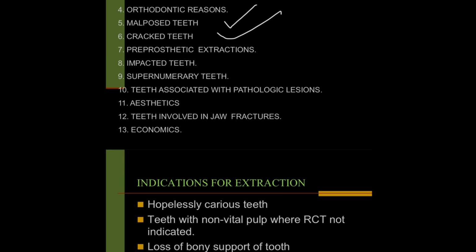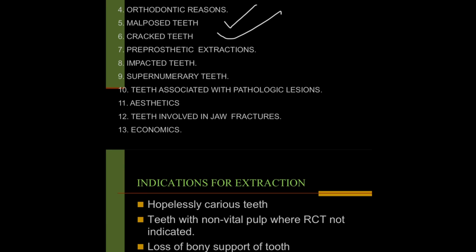Also, when there are impacted teeth causing pain, infection or swelling to the patient, then we go for extraction. When there are supernumerary teeth, as you know, in some patients we see supernumerary teeth, and those teeth cause problems eventually, so we better take them out.